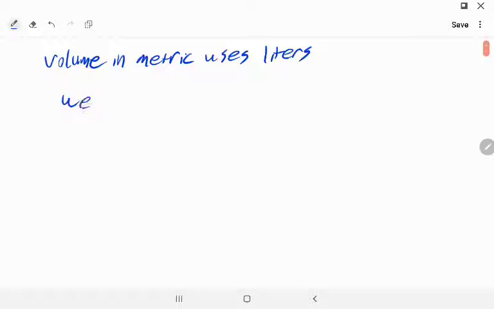So an interesting quirk of the metric system is you notice that we had mentioned that volume in metric uses liters. But we can also use distance cubed.